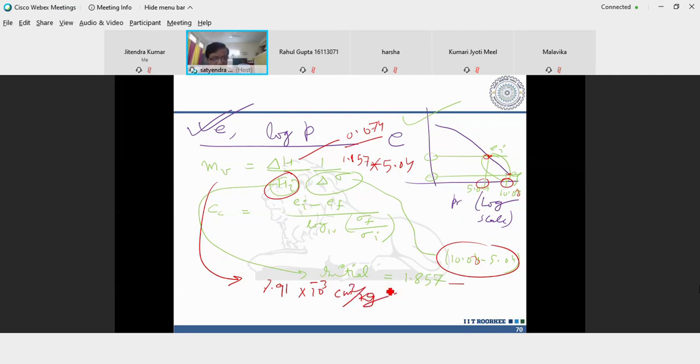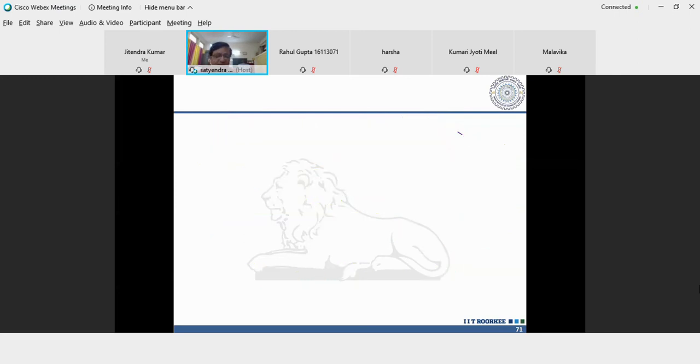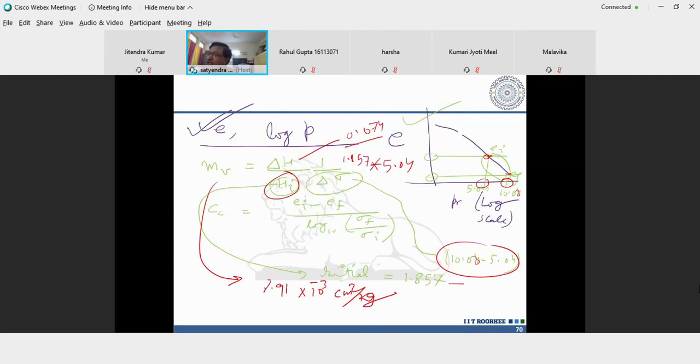So this is the value of MV, and this MV is very much used for computation of the settlement, as I explained earlier also. Alternatively, friends, you will calculate the value of CC by using this equation, which is very simple. In case of any doubt, please ask me.